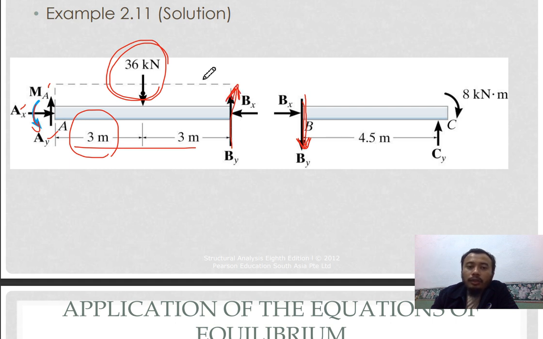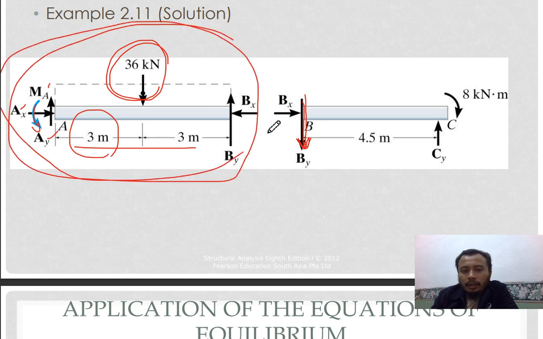So you cannot draw By here in the downward direction, because it won't satisfy each other. It won't be in equilibrium. Because if you make that mistake, it will affect your solution in the next part, because you will also get a wrong value and wrong direction of Ay, in this case, if you wrongly assume By.